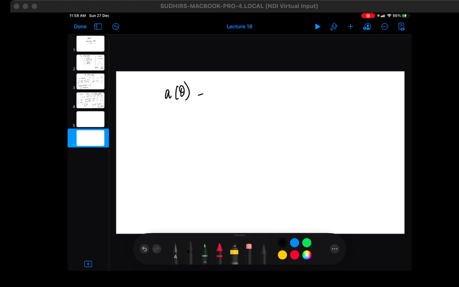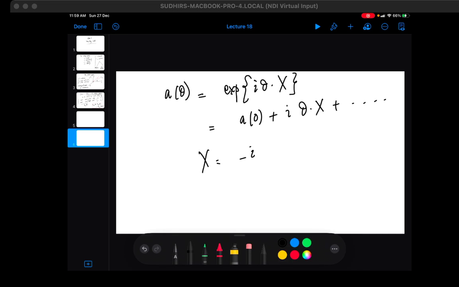So if you expand it for small theta, A of theta is 1 plus i theta times x, so small elements, and so on. The generator can be defined as x is equal to minus i del A by del theta.